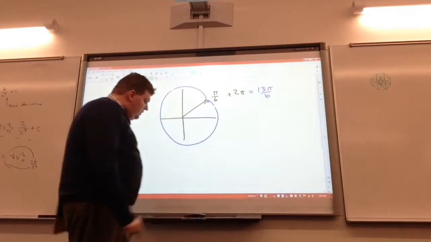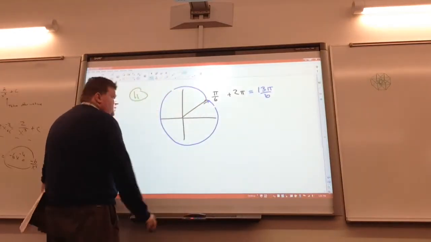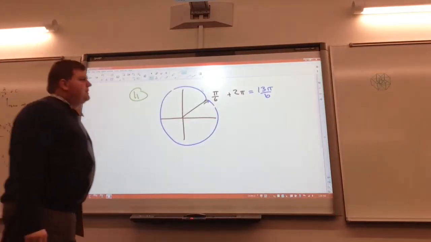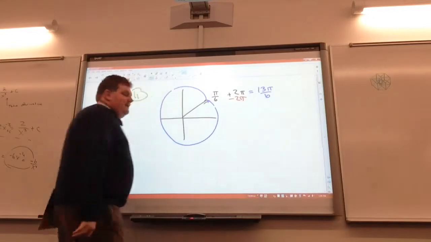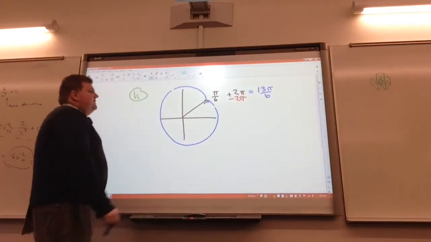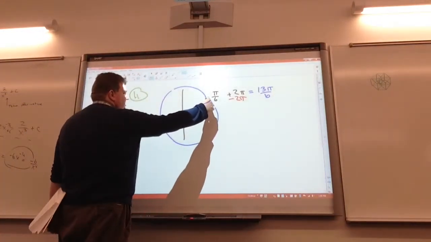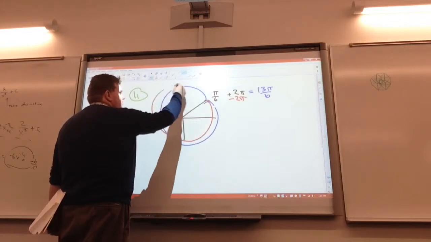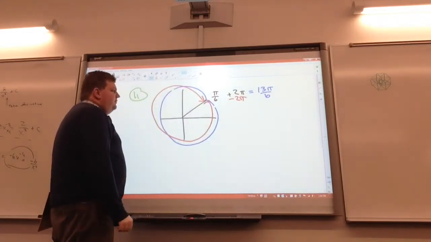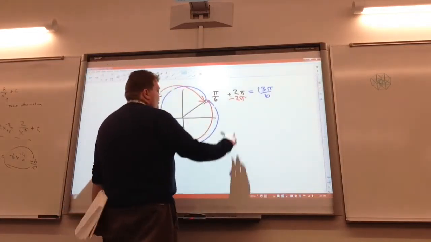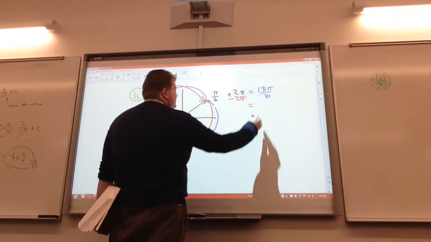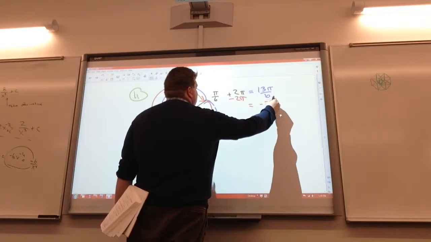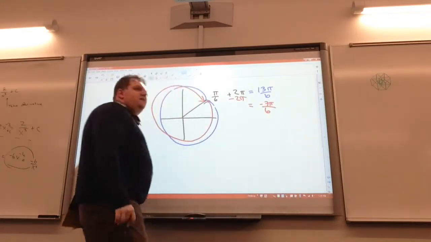That's one coterminal. Another way I could find the coterminal, because I want one that's negative, would be to subtract 2 pi. Which means I would start at the same location and go around the other direction until I made it back to where pi over 6 is. So pi over 6 minus 2 pi is going to be what? Negative 7 pi over 6.